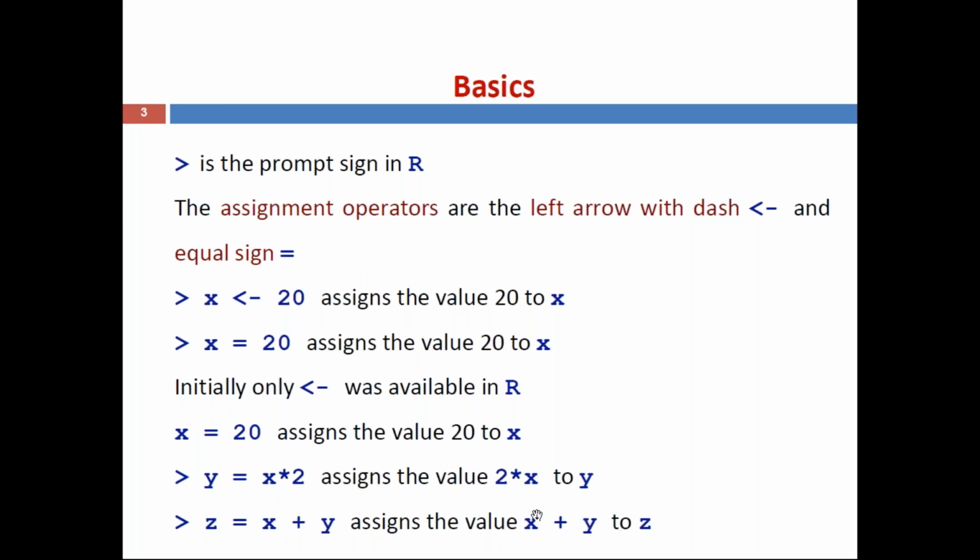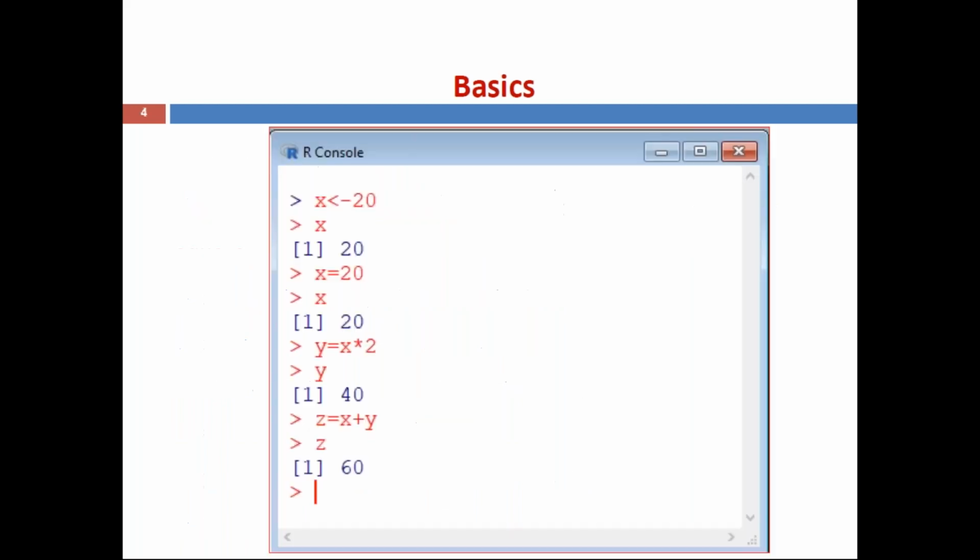That means 20 plus 40 equals 60. That can be assigned to z. Now z contains 60. Like that, we can assign or store values into variables, even the results of computations also. Now we will demonstrate practically.